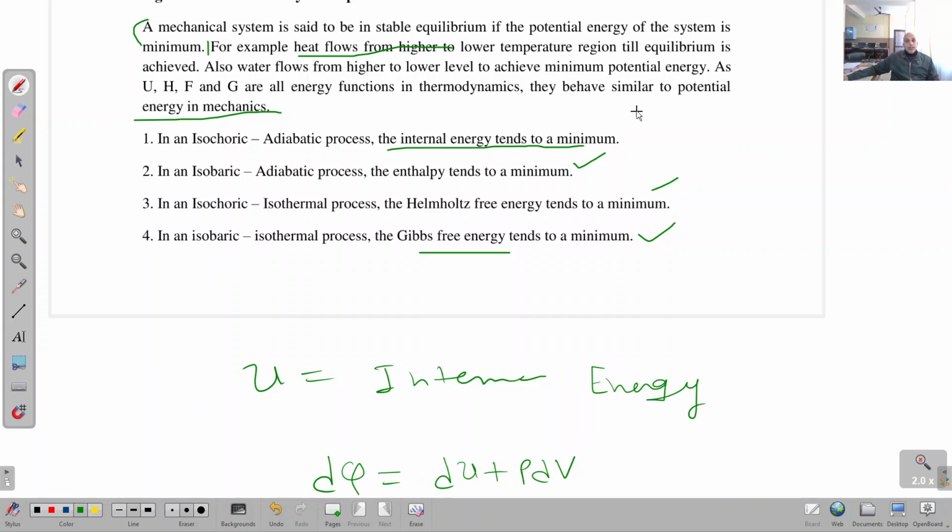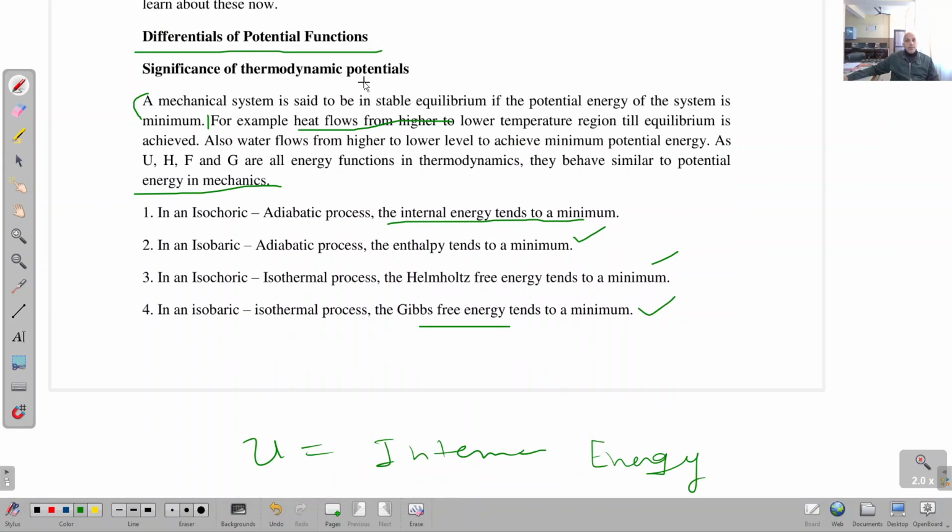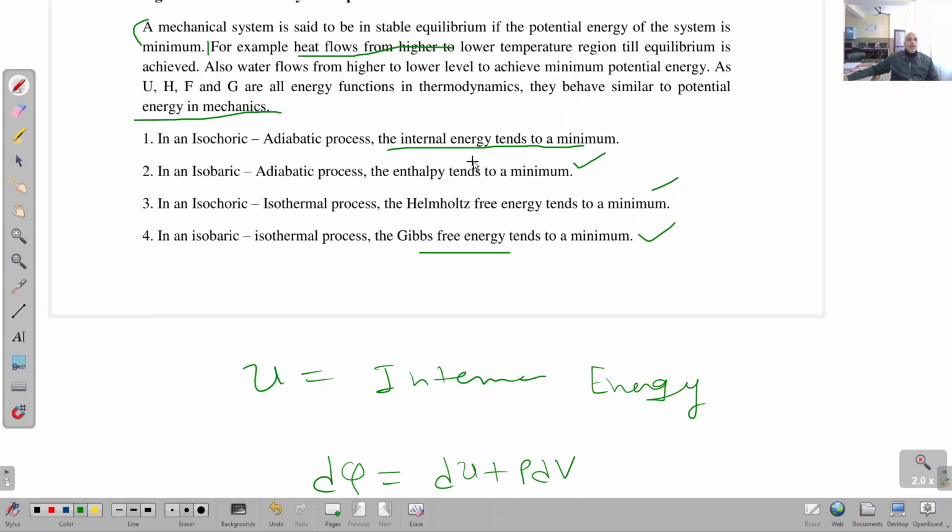So this is the significance of these thermodynamic potentials, how they are linked with the stability of the system, like in isochoric process, adiabatic process, isobaric process, and isothermal process. You know very well what are these different processes, right? Isochoric is that process in which the total volume of the system remains constant.